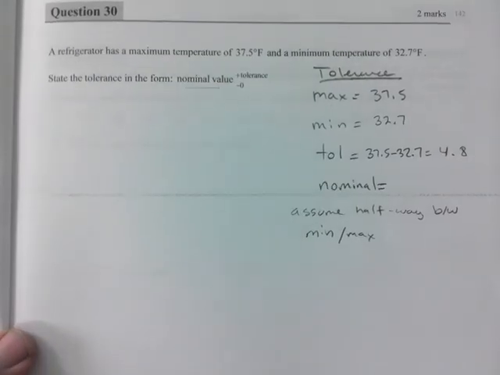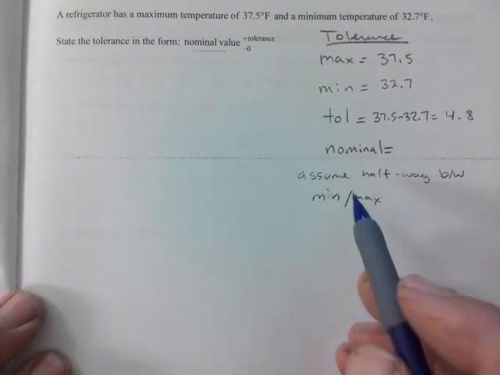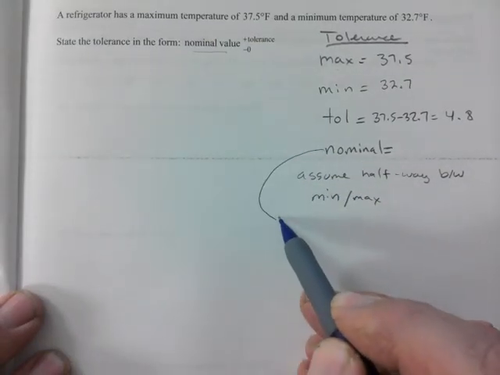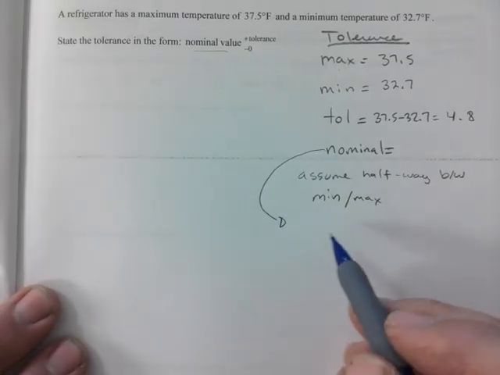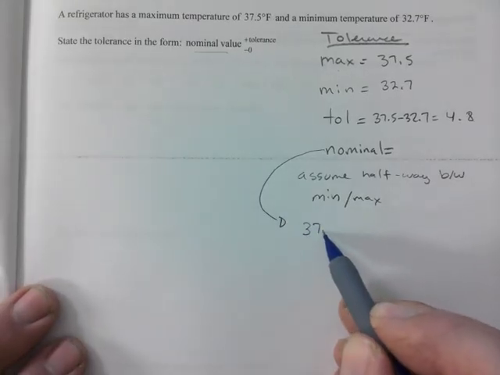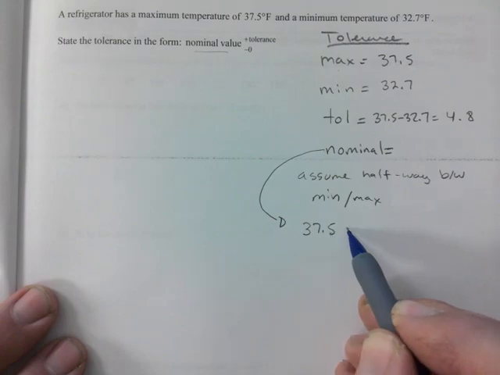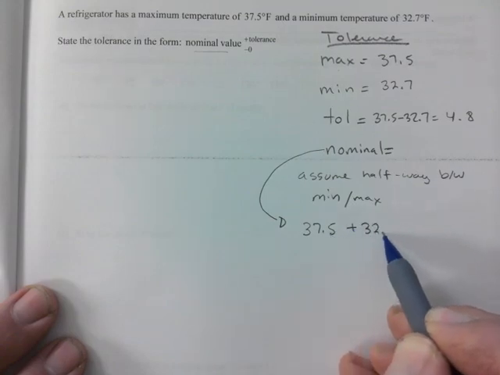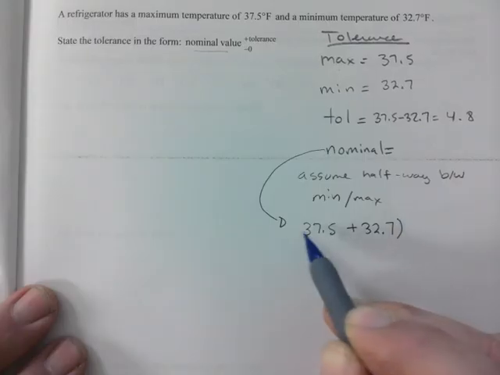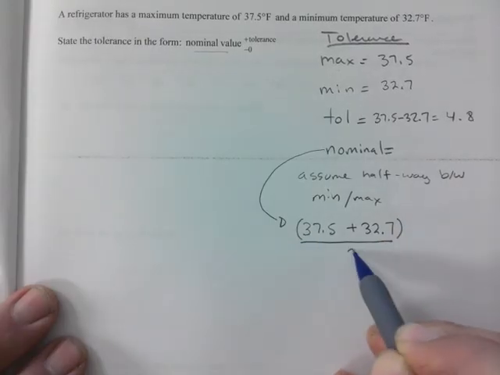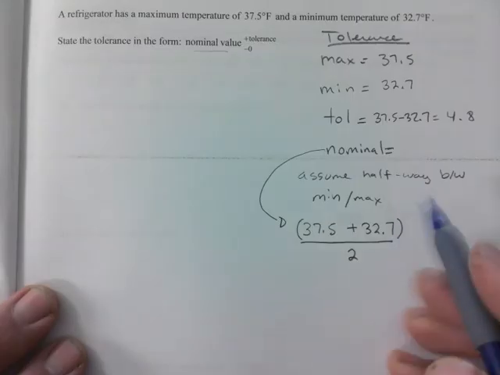So how would you do the nominal here? I'm actually gonna go off on an arrow here. You gotta go 37.5 plus the 2.5 divided by 2. Yes. So you add them up and you divide it by 2, so you're finding exactly what is in between, what's halfway.